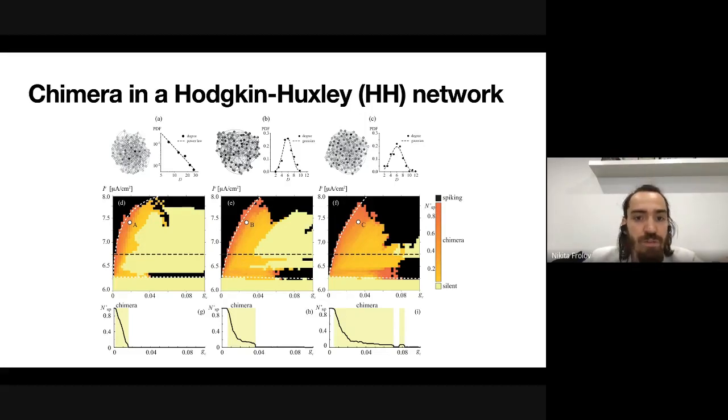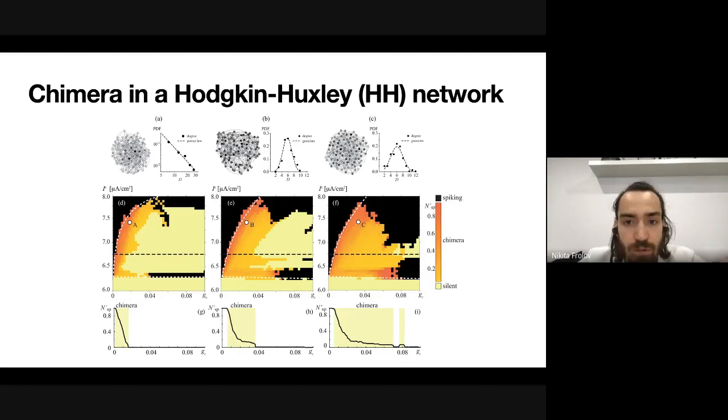This figure represents the dynamics of the Hodgkin-Huxley network on the two-parameter plane: external current bias versus the coupling strength between the neurons for three different types of topology. Figure A demonstrates the scale-free topology of the network, Figure B the small-world topology, and C is completely random topology.